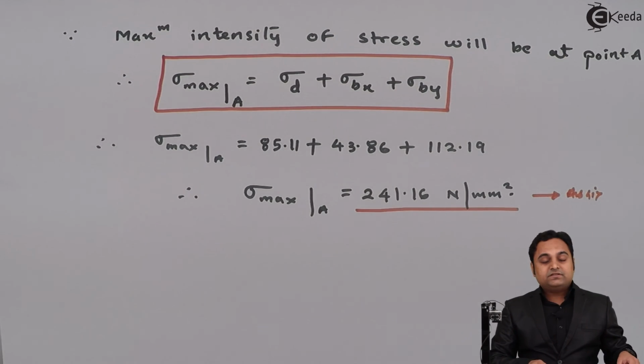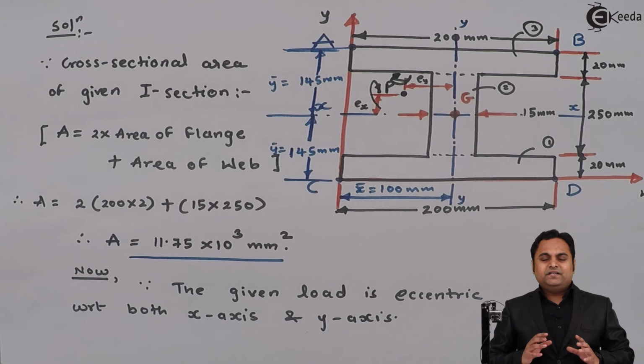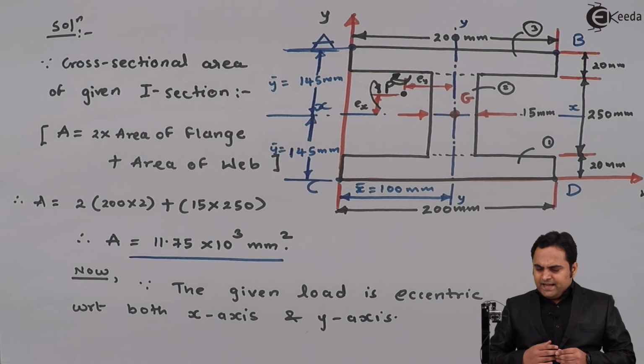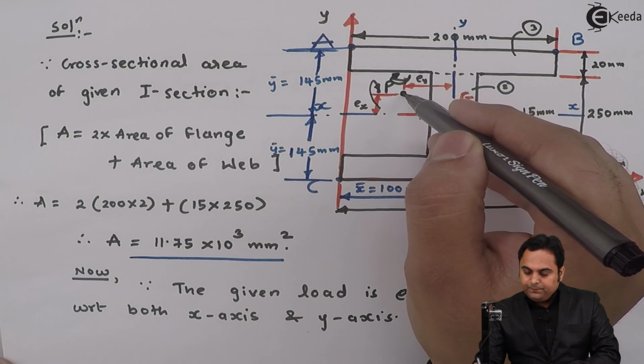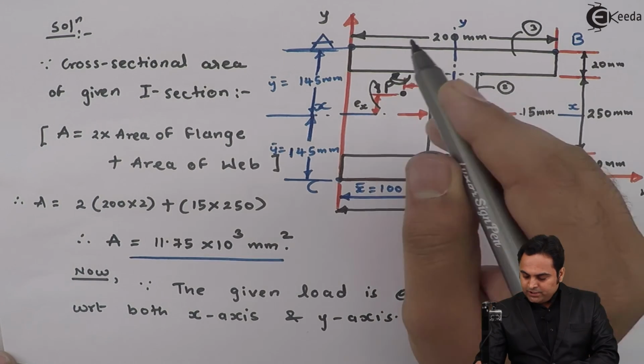Now as this answer is positive, it means that direct and bending stresses, it is the first chapter in which we consider compressive stress as positive and tensile stress as negative. So here if we see in the diagram, because of the load P, there will be compression on the entire member.